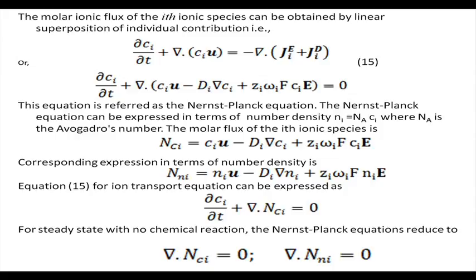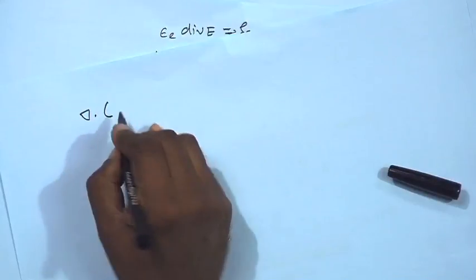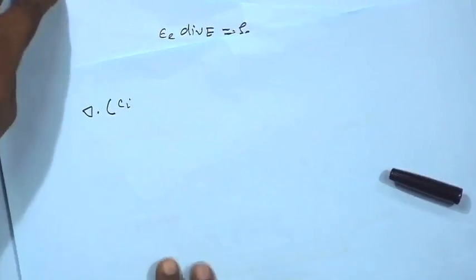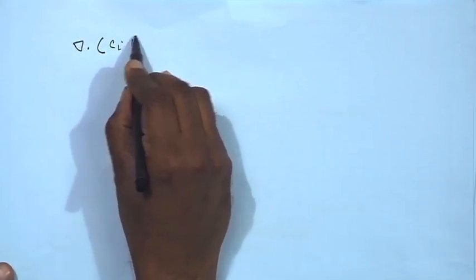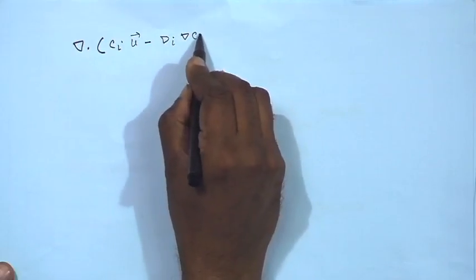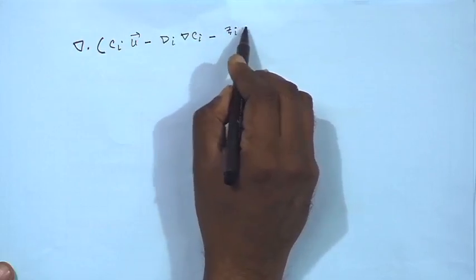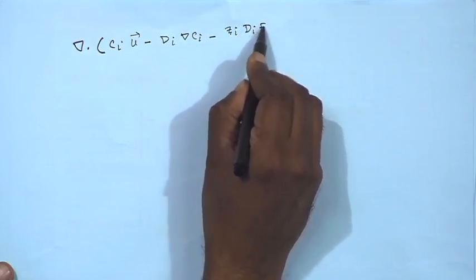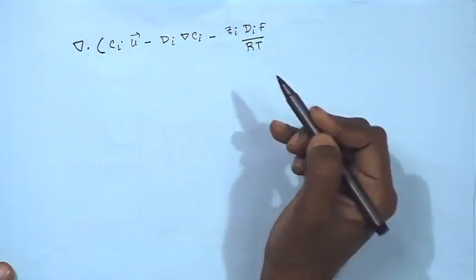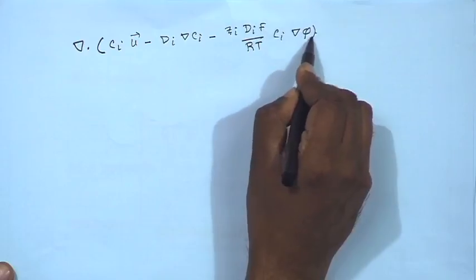So, this can be expressed in this form: divergence of N_Ci, so you have a situation where C_i u, which is a vector of course, minus D_i del C_i minus Z_i D_i F by RT, because omega_i is D_i by RT, C_i grad phi equals 0.